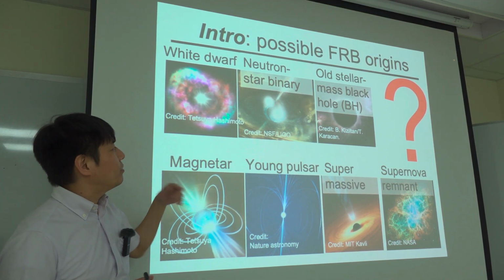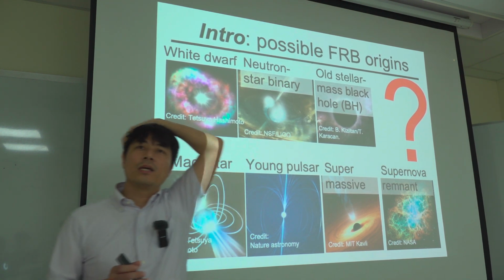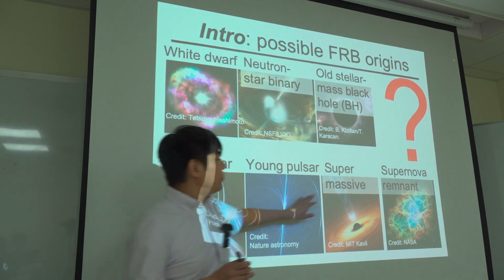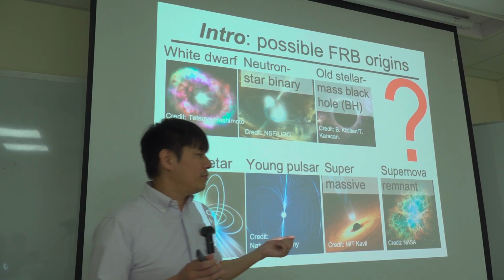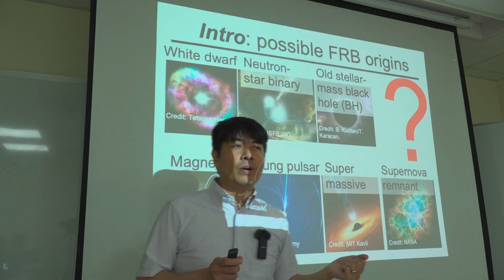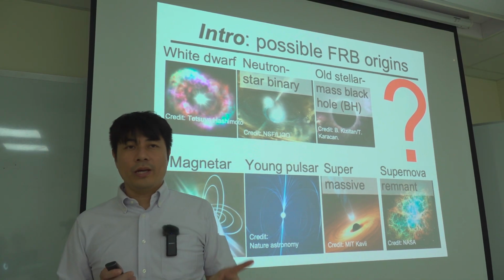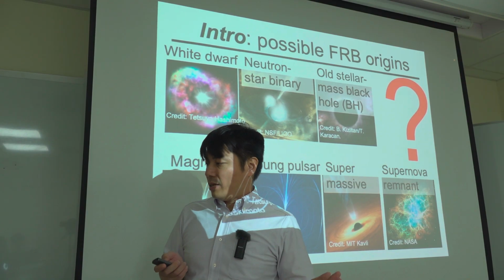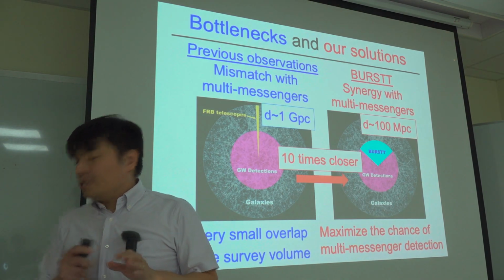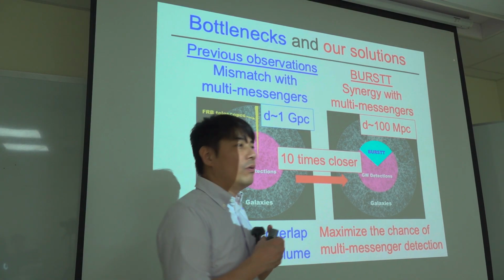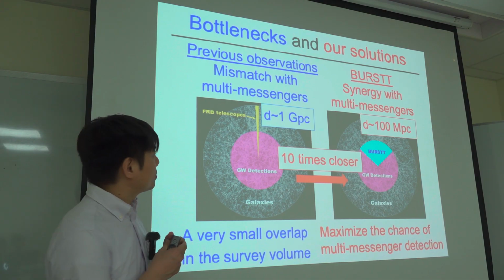If you may have heard about this, then this may emit gravitational waves. So depending on different scenarios, we may expect a multi-messenger counterpart of FRBs. For this case, we may expect a gravitational wave to happen at the same time as the FRB. That means it's important to search the same volume in the universe.